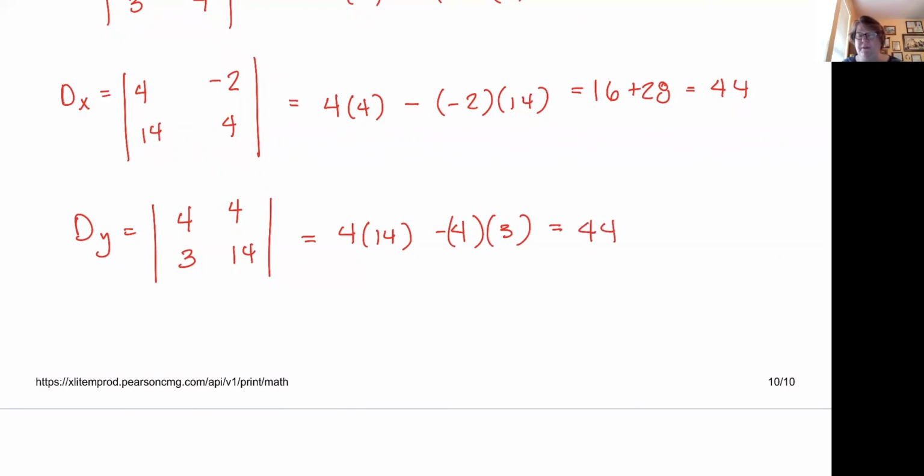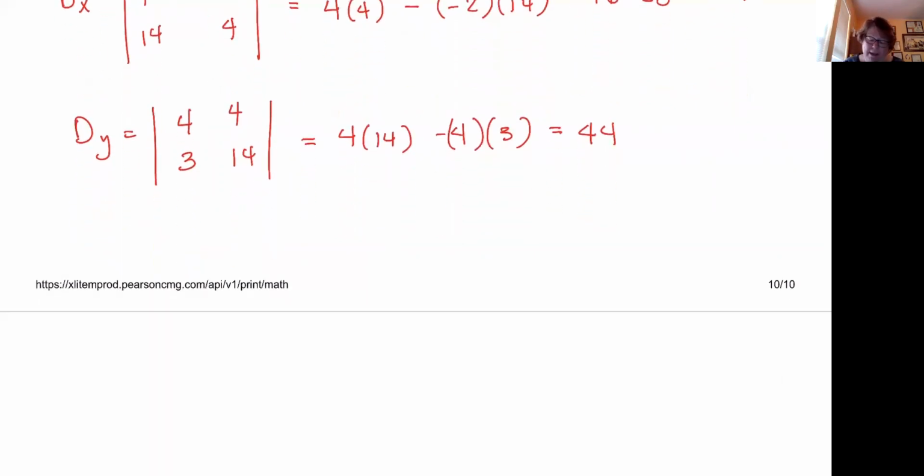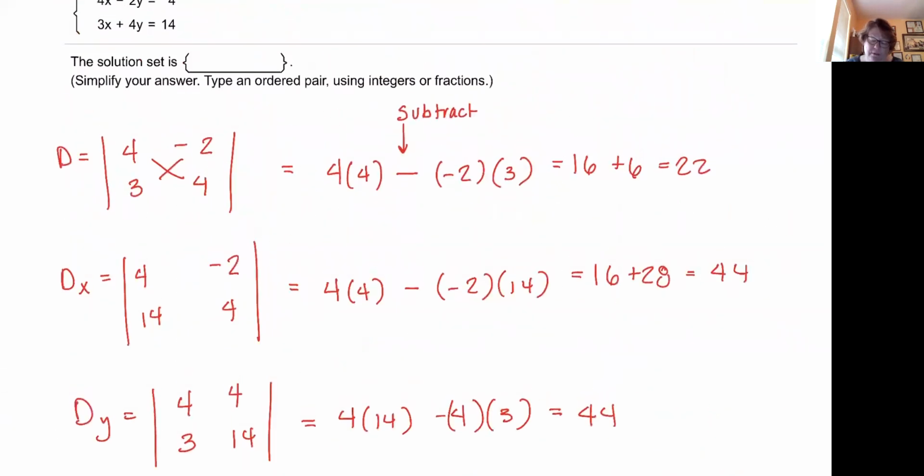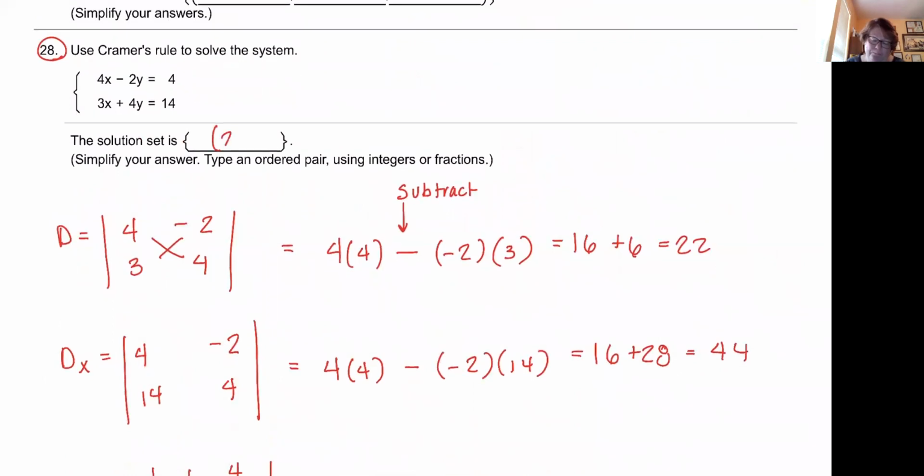What is 4 times 14? 56. 56 minus 12 is 44. All right, to find x, we take d sub x and divide it by d, which is 44 divided by 22, which is 2. And to find y, we take d sub y divided by d, which is 44 divided by 22, which is 2. So our solution is the ordered pair 2, 2.